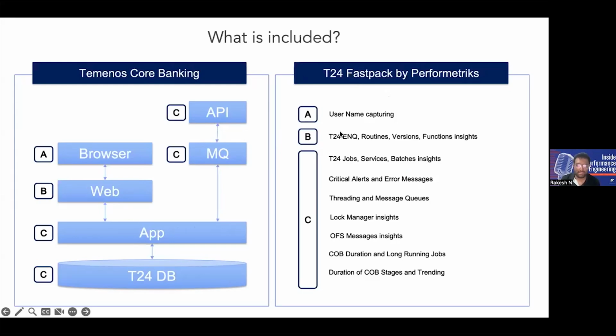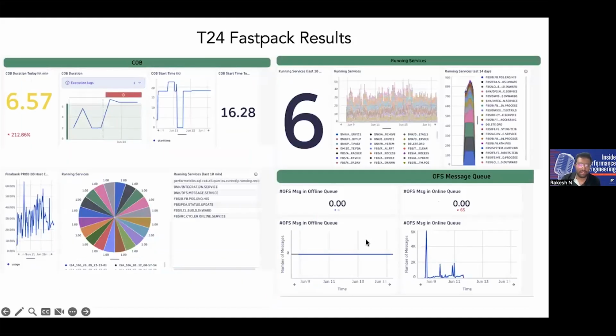All these are user T24 version inquiries and other integrations, ATM, pass, FCM, including OFS and COB. So we make sure you can monitor everything with the T24 Fastpack services.